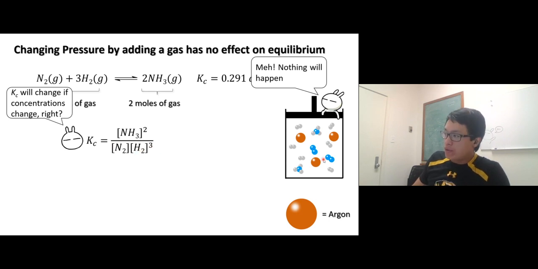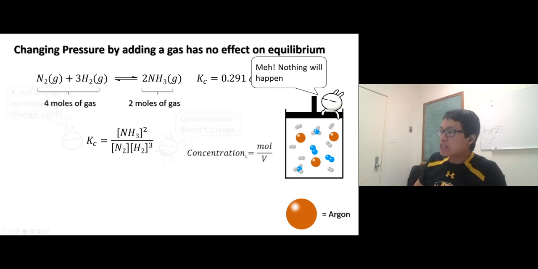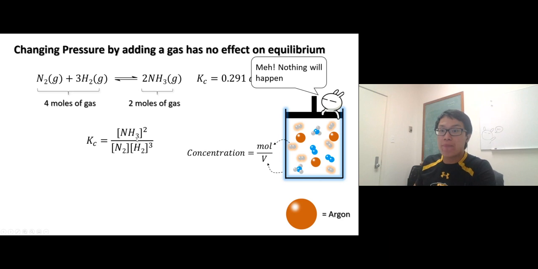If you add argon gas in this container, of course the pressure goes up, but the concentration of all of these doesn't change. Concentration is moles per volume. Same moles of hydrogen gas, same moles of ammonia, same moles of nitrogen gas, same volume with the same container. Nothing changed. Concentration doesn't change. Kc is still the same, so there is no effect on the equilibrium if you add some other gas into it.